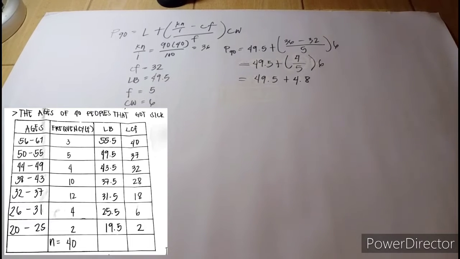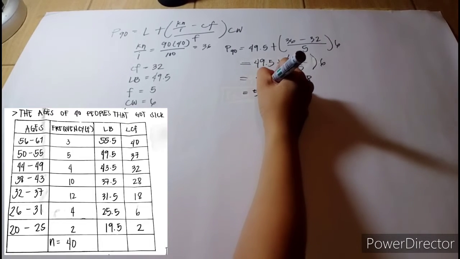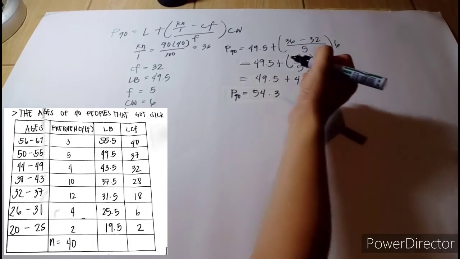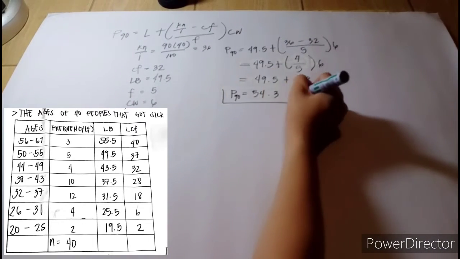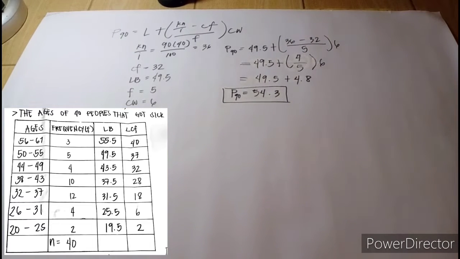Plus 49.5, the answer is 54.3. Therefore, the 19th percentile is equivalent to 54.3.